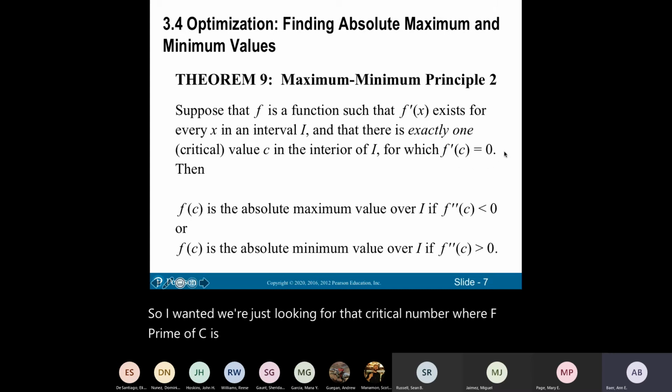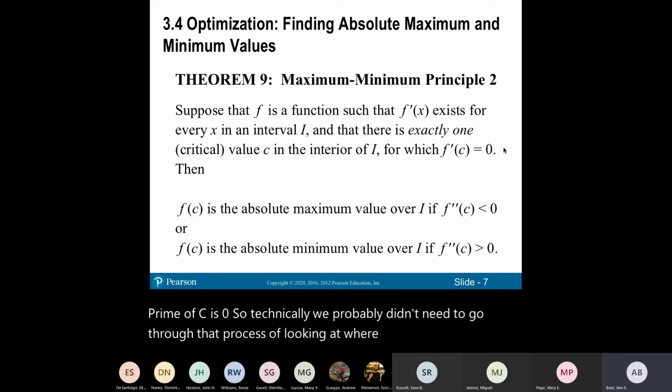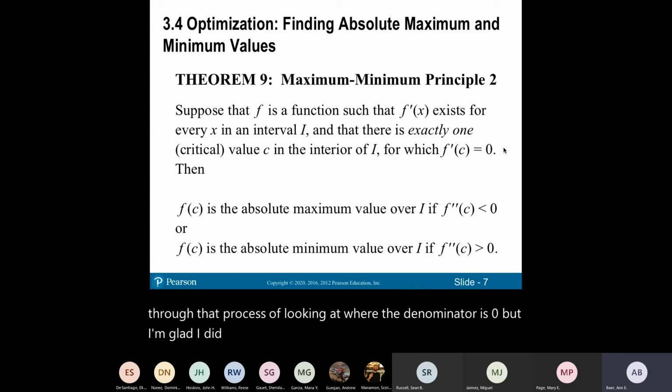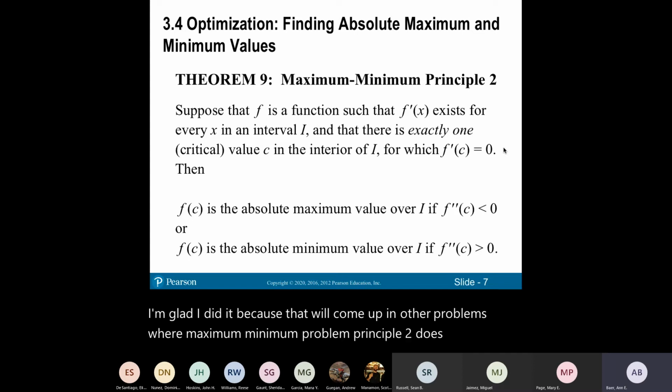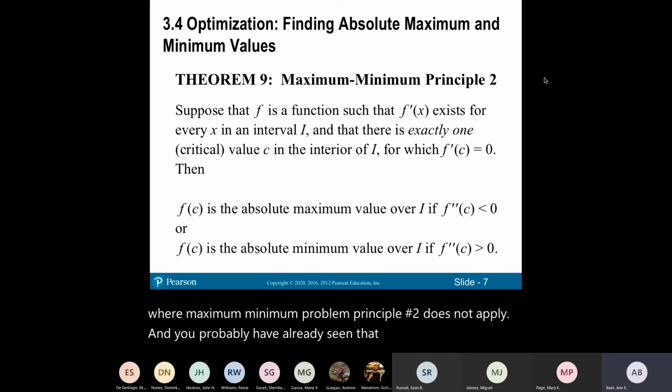So technically we probably didn't need to go through looking at where the denominator is 0, but I'm glad I did because that will come up in other problems where the maximum-minimum principle number 2 does not apply. And you probably have already seen that in some of your problems.